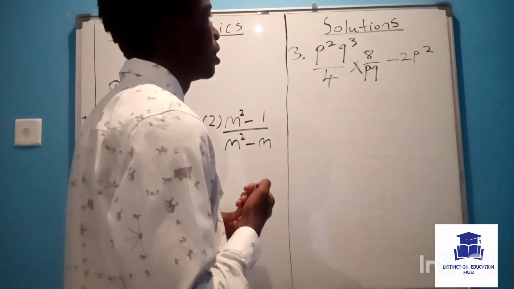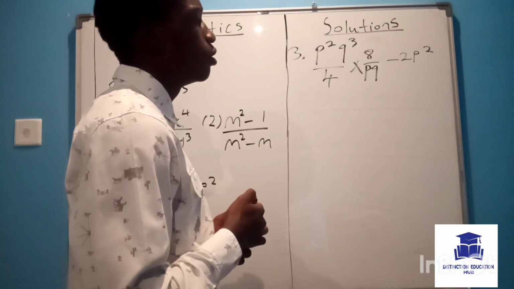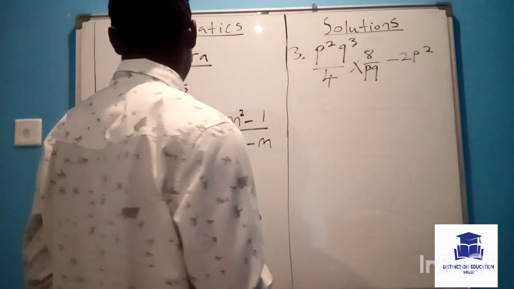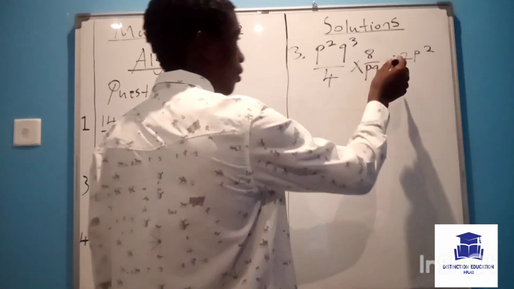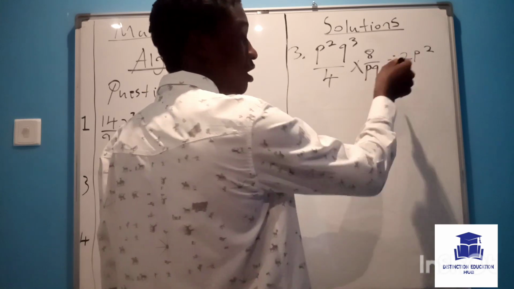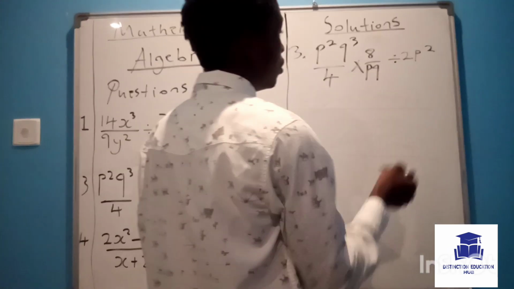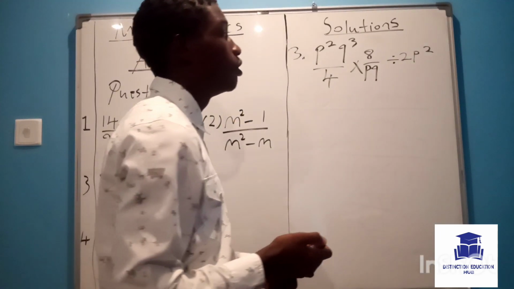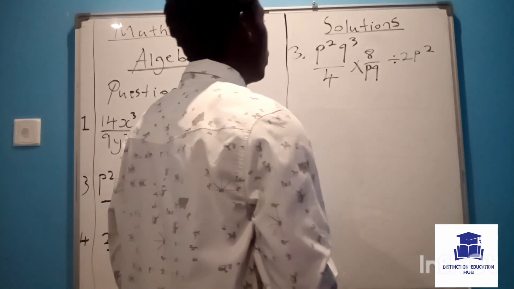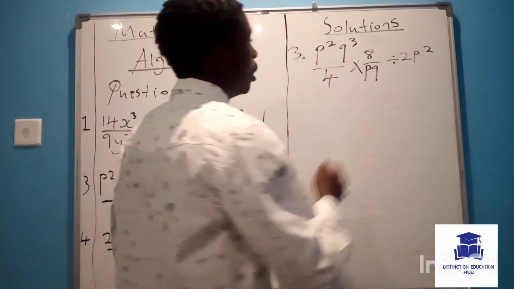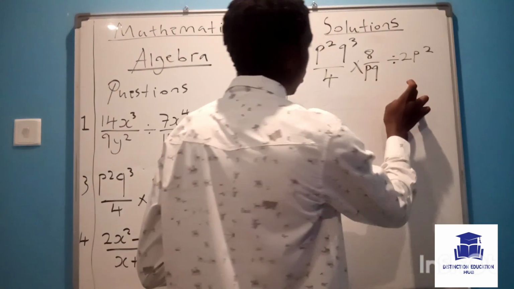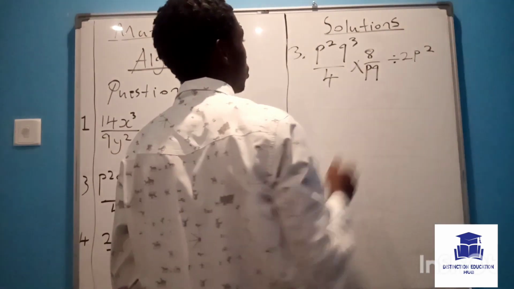So, in this case, before you do anything, remember, when you have a division sign, you have to bring in the multiplication sign in order to proceed with your calculations. In order for you to bring in the multiplication sign, the expression on top has to come down, and the expression down has to come on top.